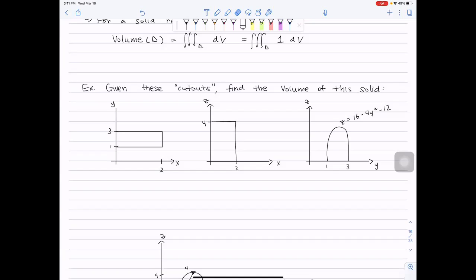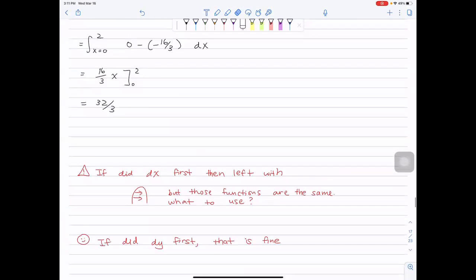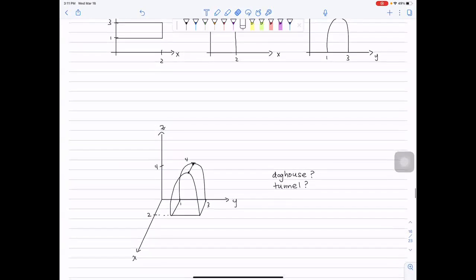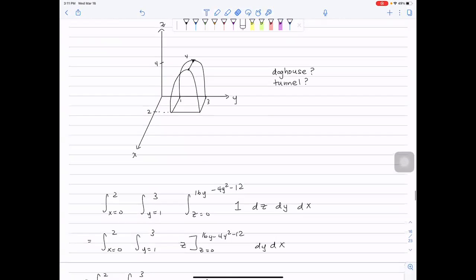With dx, if you wanted to do dx first, x is going from there. Oh, sorry.